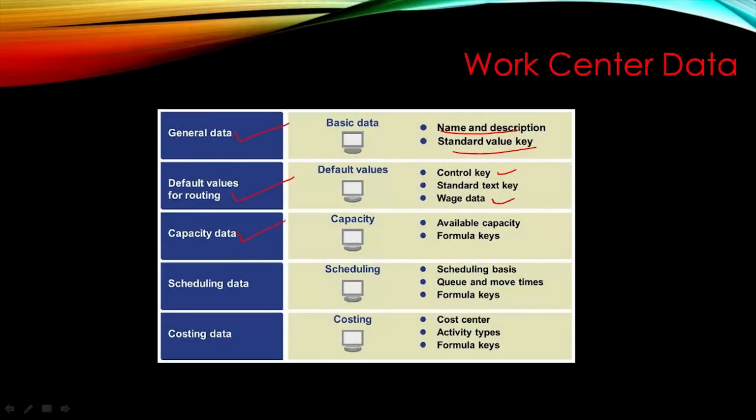Then we have the capacity data, which will be used in the formula key and available capacity. The fourth one is scheduling data, where we'll see how we can enter the queue time, move time, and scheduling and all that. And the fifth area is the costing data, where we can assign a cost center to the work center.